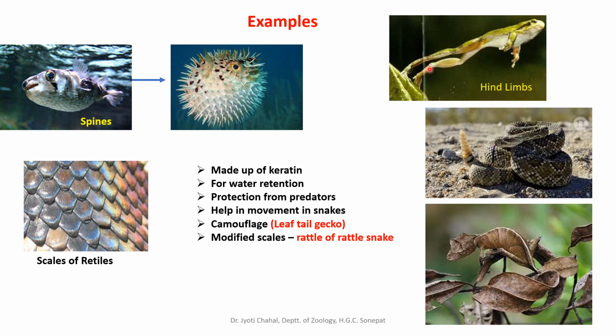And if you talk about amphibians, in the case of frogs, you can see the hind limbs. These are muscular, and these are especially longer structures than the forelimbs. Forelimbs are smaller and hind limbs are longer. So these hind limbs perform a specific function of jumping, you can say leaping in the case of frog. Frog leaps.